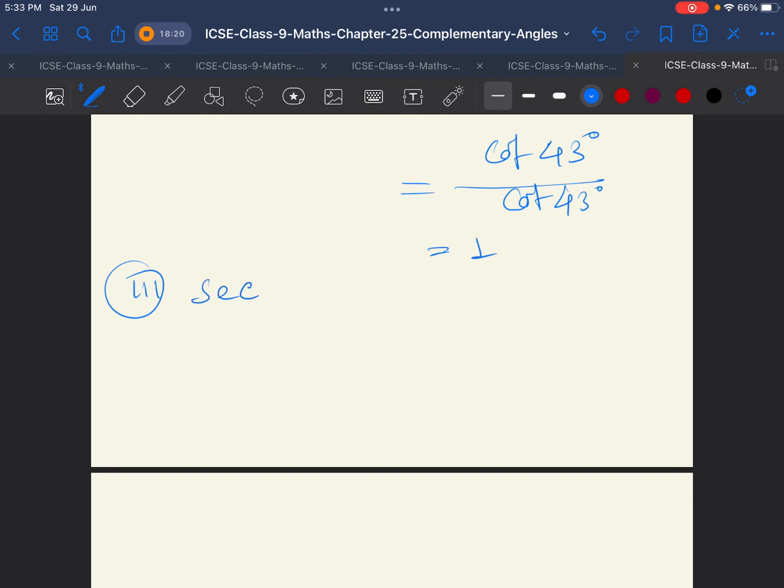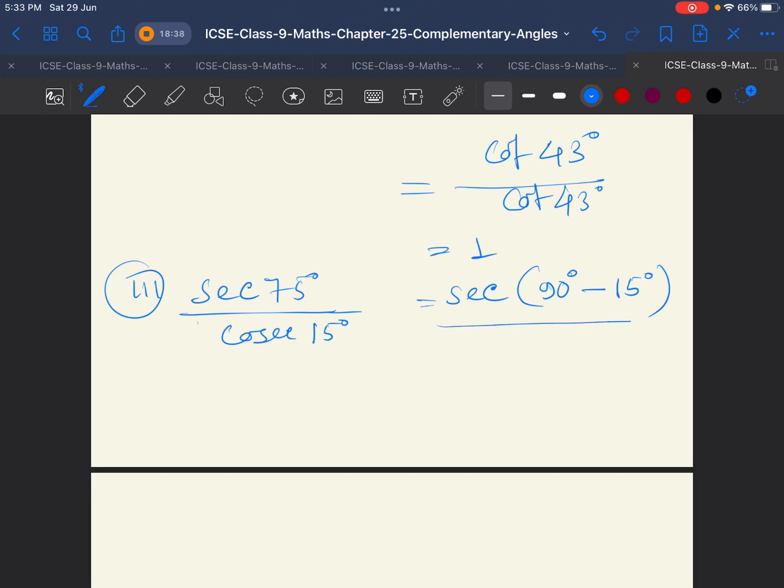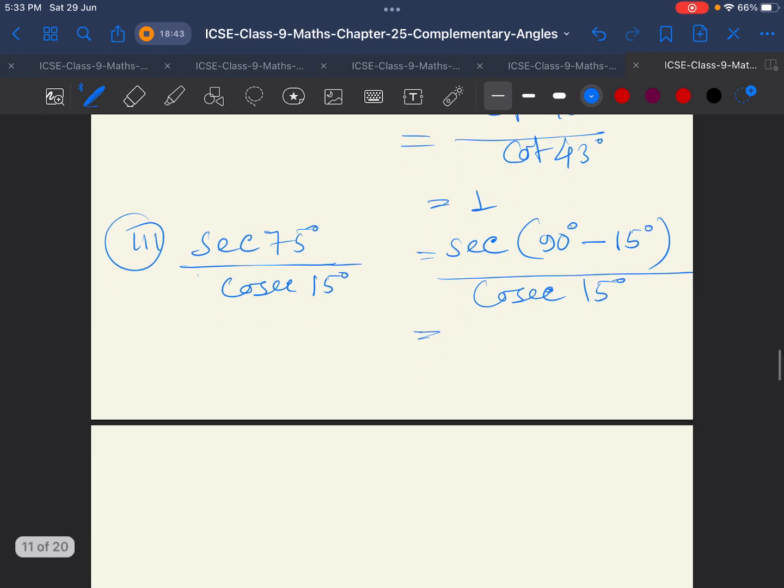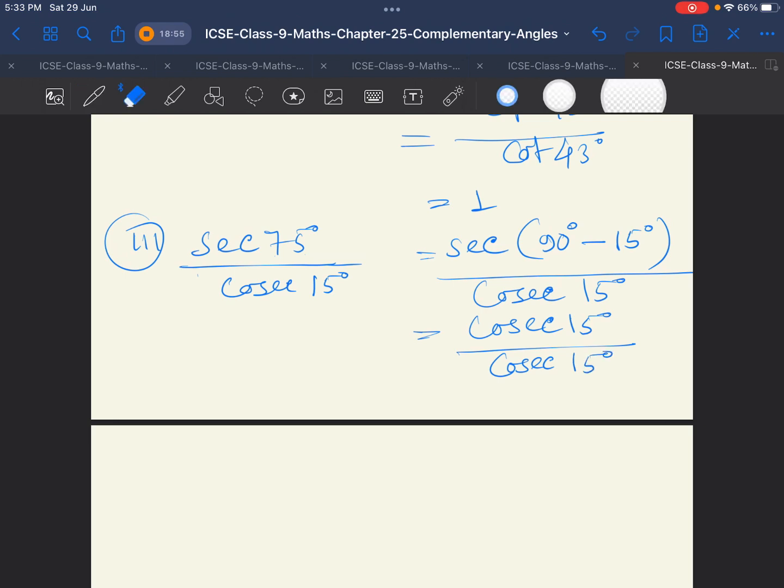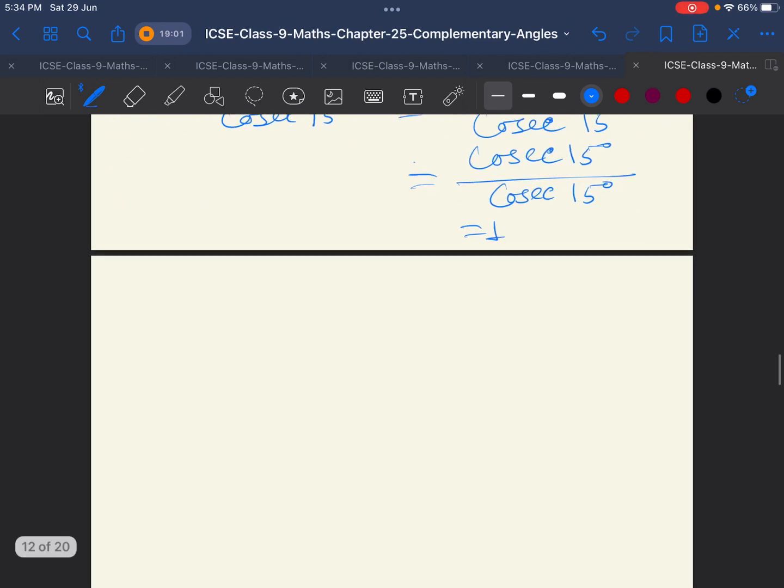Now third question, sec of 75 degree by cosec of 15 degree, so we can write sec of 90 minus 15 equals 75 degree, so sec of 90 minus 15 degree we know is cosec of 15 degree by cosec of 15 degree. Okay, so this is 1.